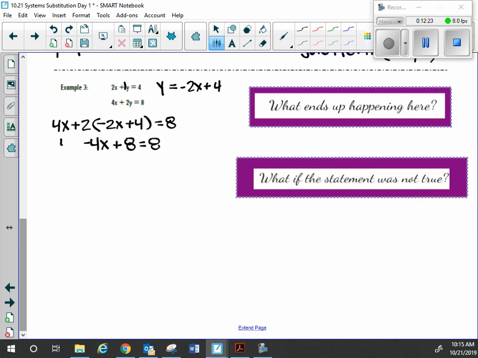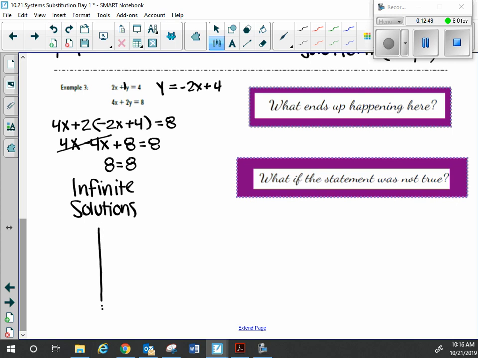And at that point, you realize you were in for something tricky, right? This cancels, 8 equals 8. Well, what happens if 8 equals 8 on any normal equation? Infinite solutions. Same thing. Infinite solutions.